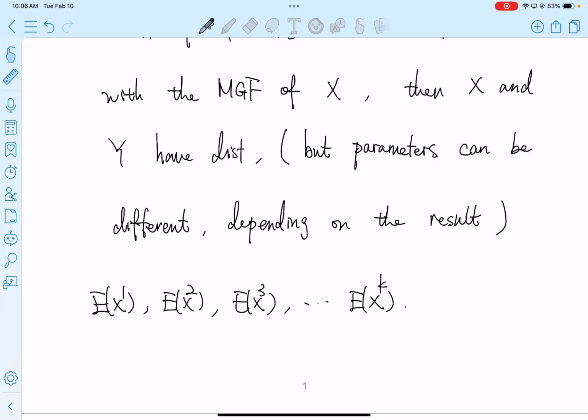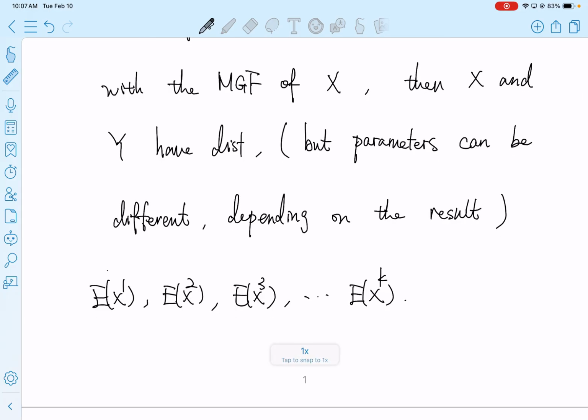The moment generating function is a construct that can calculate all these moments. By taking the kth order derivative and setting t equals 0, you can get each of the moments. So if you have a random variable that has a moment generating function, that basically defines all the moments for that random variable.